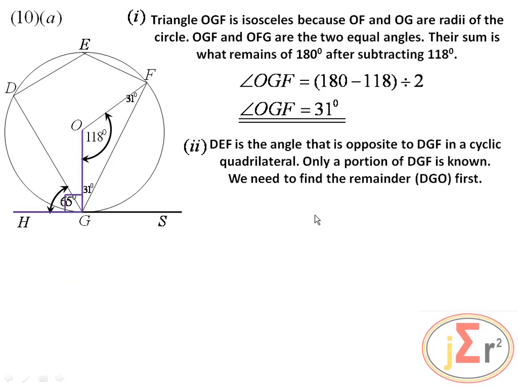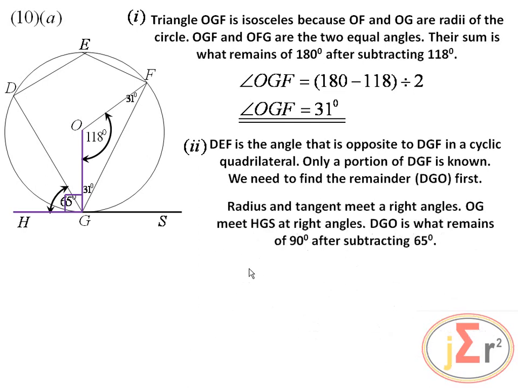What do we know? A radius and a tangent meet at right angles. Therefore, this angle is 90, this one being 65. Radius and tangent meet at right angles. OG meets the tangent at right angles.